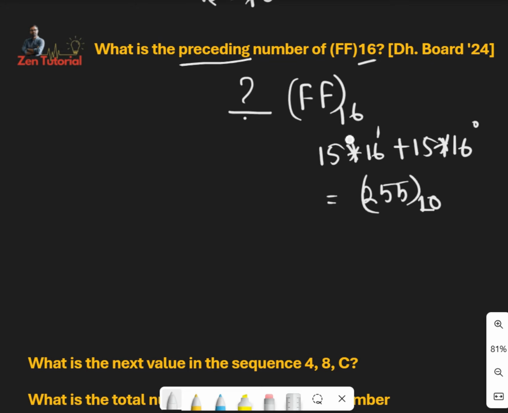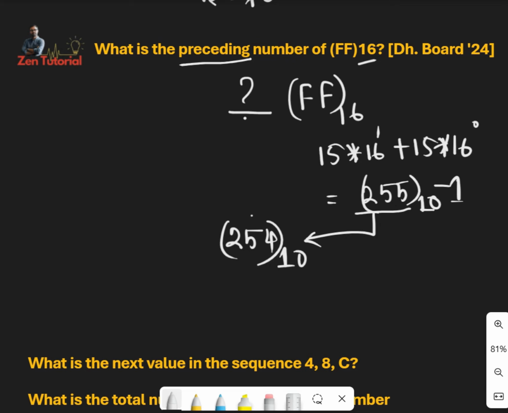So the previous number of 255 is 254. It means we have to subtract 1 from 255. We'll get 254. This is the decimal value.